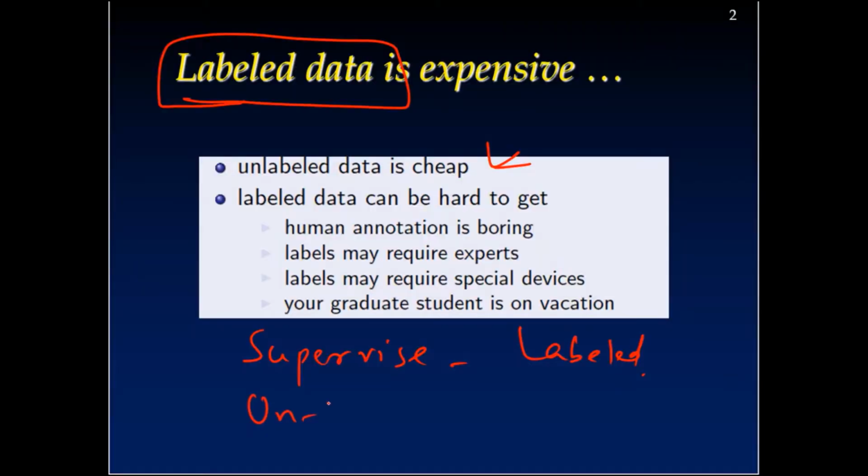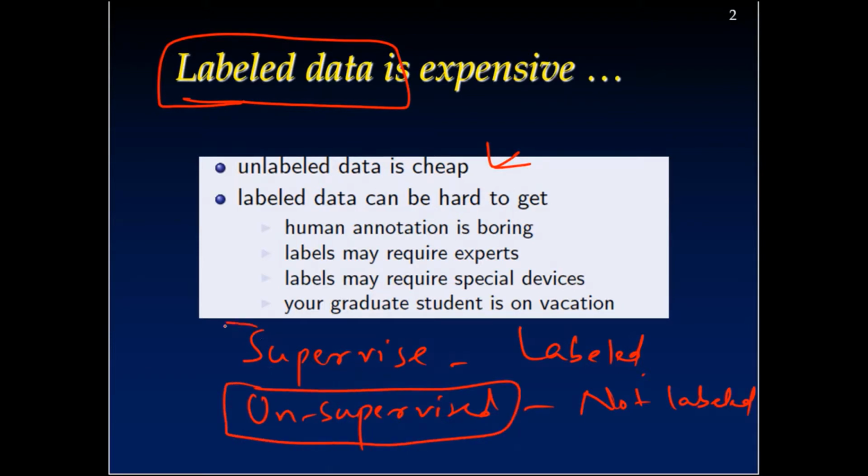And unsupervised learning is used when it's unlabeled. That means there is no target variable for unsupervised learning, but there is a target variable for supervised learning. Now getting data which is labeled, which has a value for the target variable, is quite expensive, and sometimes it's not very easy to get such data.